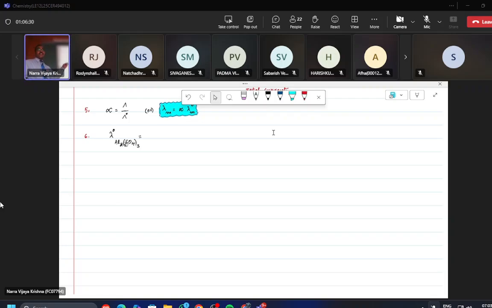Due to cations plus anions. So, can I write 2 times lambda naught of Al 3 plus plus 3 times lambda naught of SO4 2 minus? Acceptable or not? I call this molar conductance, correct?